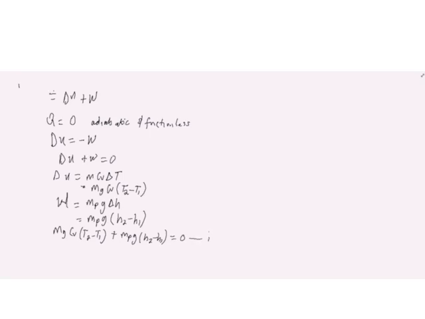We can call this equation 1. How many unknowns do we have here? We have T2 unknown, and also h2 unknown. So we need another equation in order to solve them simultaneously.